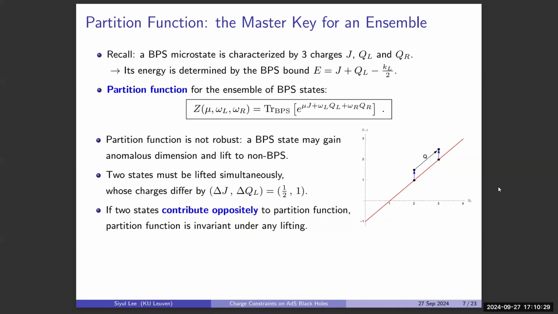The role of beta and other chemical potentials is not intrinsically different. You can do the same Legendre transformation as you would do with beta and get a microcanonical degeneracy.